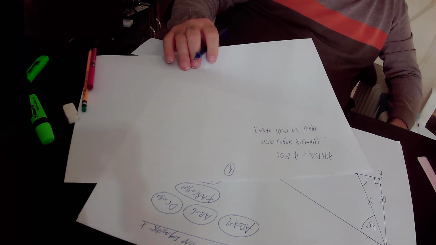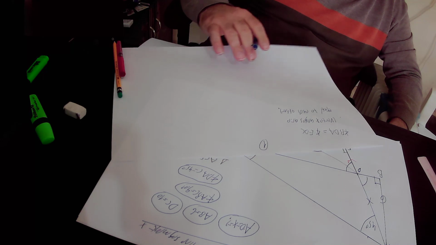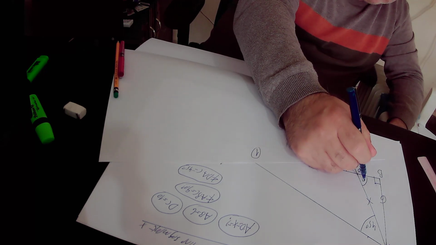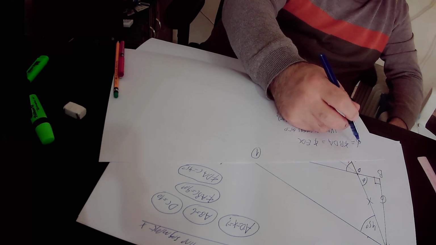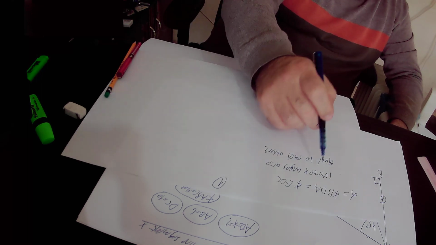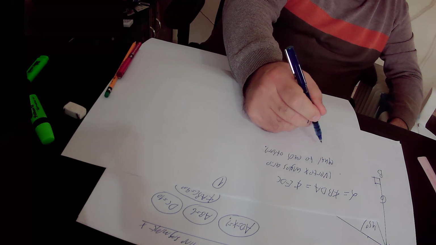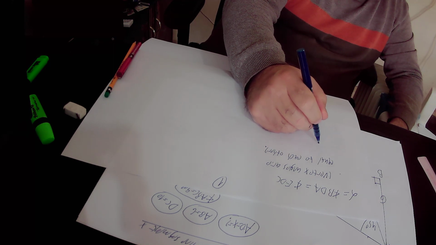So if we define angle BDA as alpha, then from this equation, alpha equals angle BDA equals angle EDC, we will get that angle EDC is also equal to alpha.